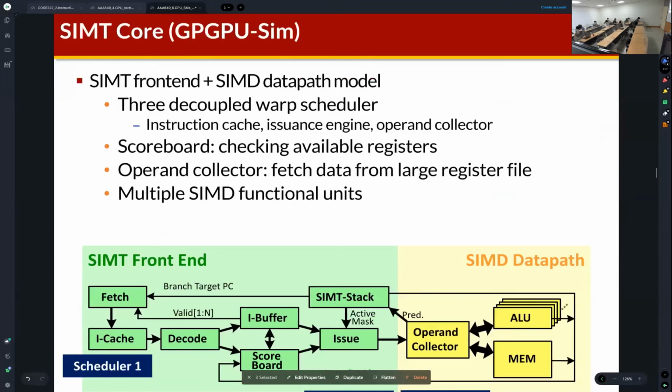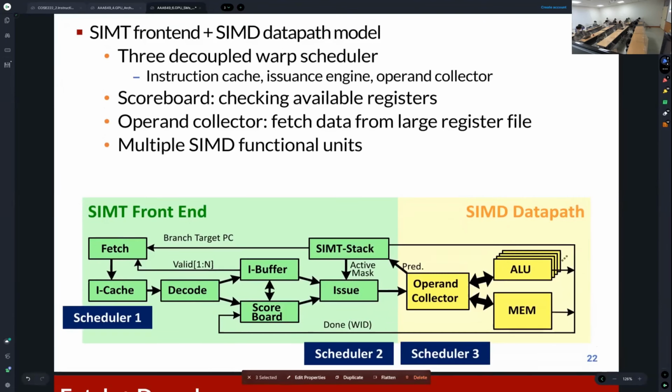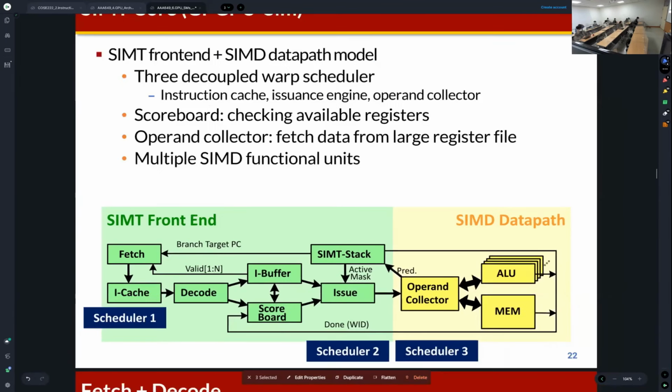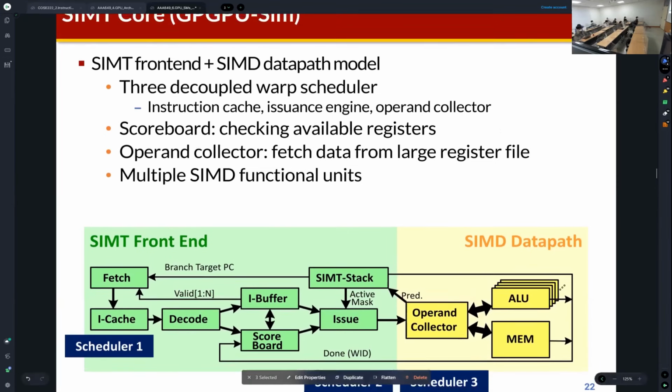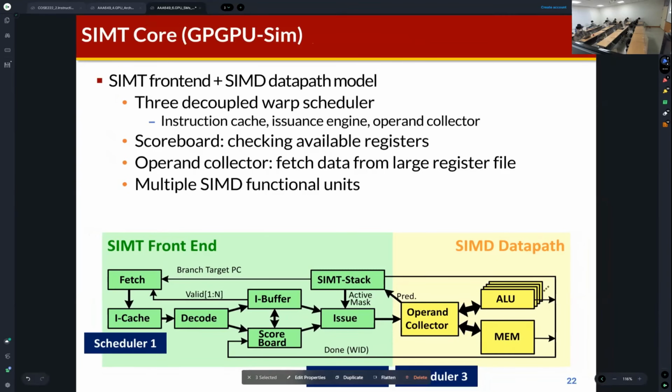And then this is some detailed structure of the SIMT core. As I mentioned, this is provided by the GPU. So this is the SIMT front end, and this is the back end.